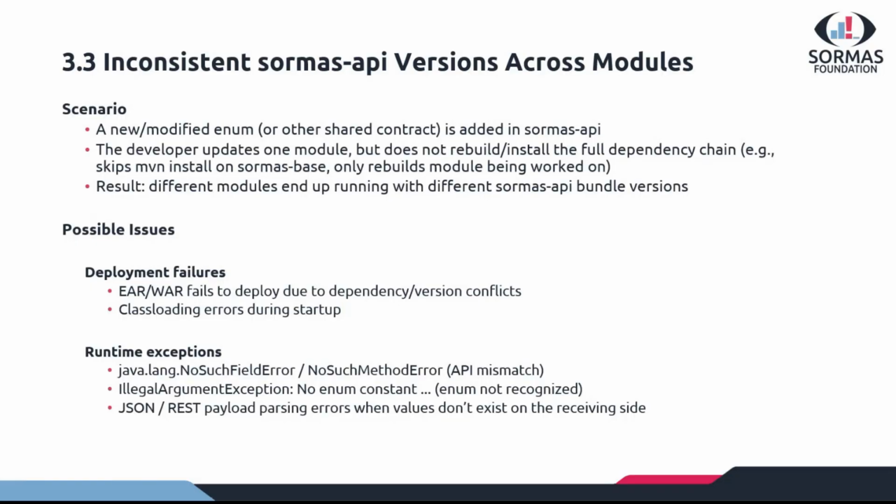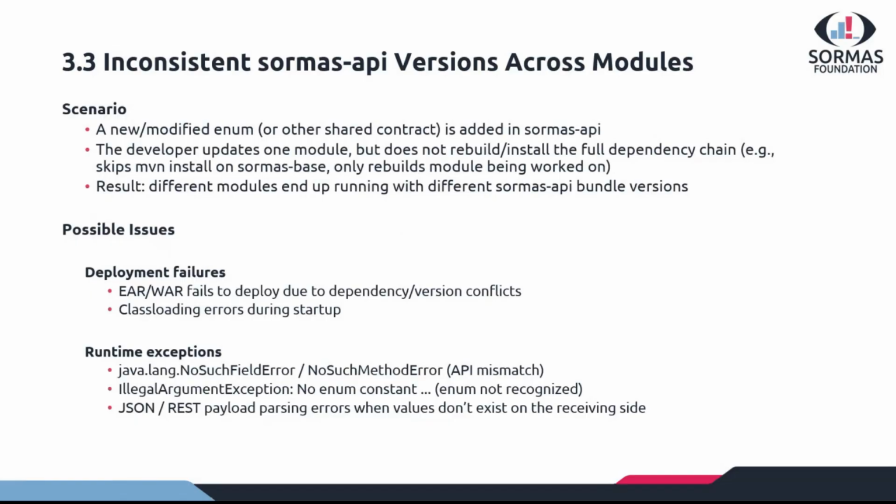Sometimes you make a little change in the SORMAS UI module, for example, and in doing that you also touch the SORMAS API module. It is easy to forget to rebuild the entire SORMAS. You just rebuild only the UI module, which gets its own latest copy of the SORMAS API, and you test it and everything is okay.